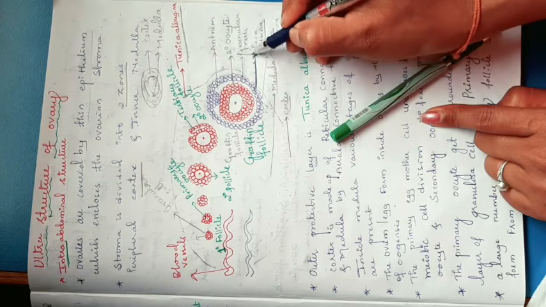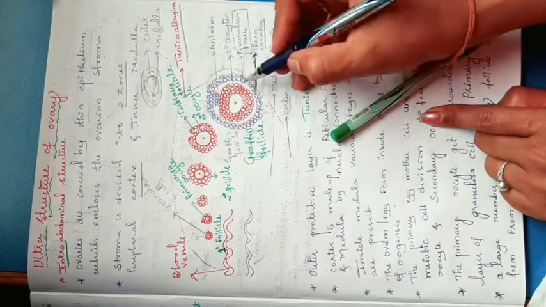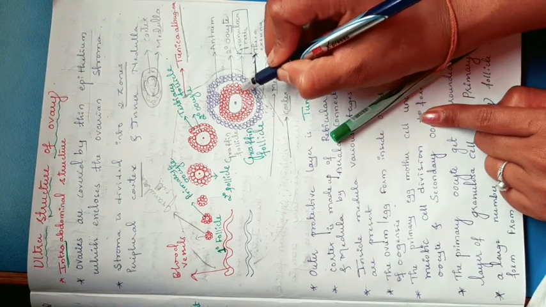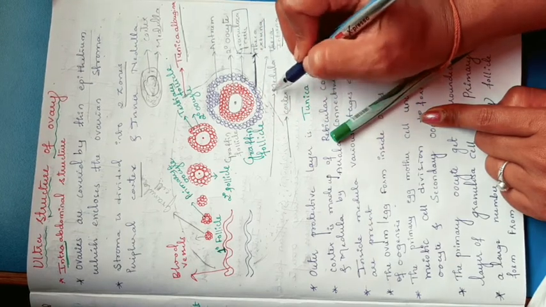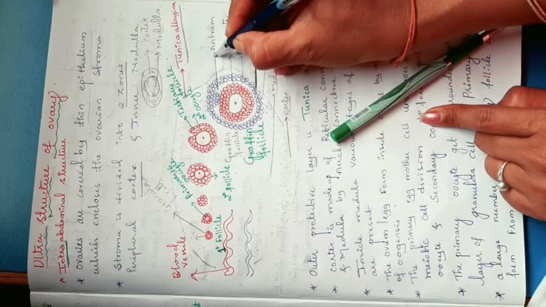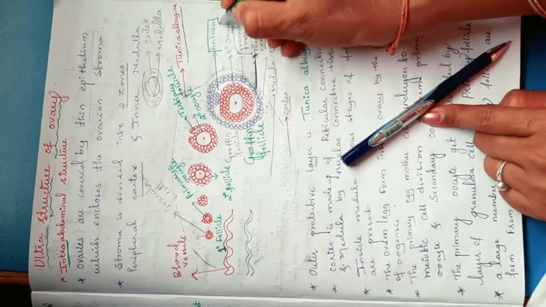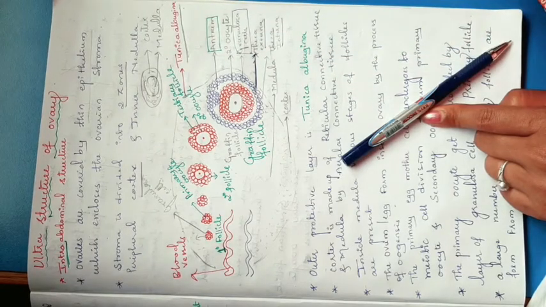These are the granulosa cells. Then a fluid-filled cavity is formed between the secondary oocyte and the theca region. That fluid-filled cavity is called the antrum. Remember these terminologies. The antrum is a fluid-filled cavity between the theca region and the secondary oocyte.